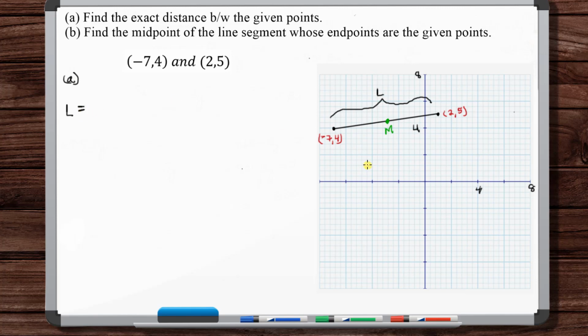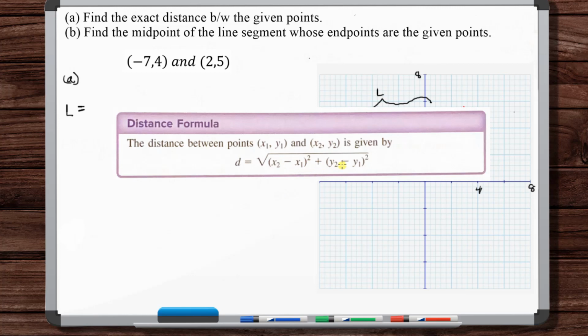Okay, so part A, we want to find L, and we'll say, just arbitrarily, we'll pick this to be point 1 and this to be point 2. So x2 minus x1 squared, y2 minus y1 squared.